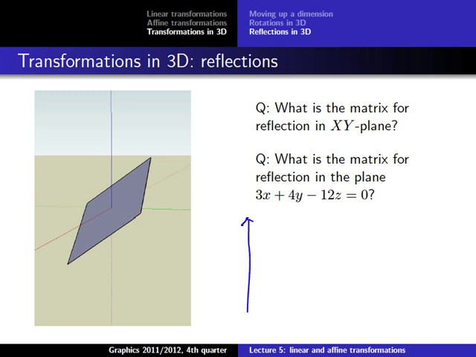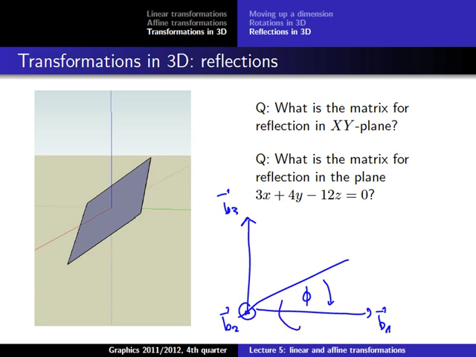In the other case, if again this is our b2, b3, b1, and this is our plane that goes through it, you can rotate that plane by an angle phi, so it intersects with the b1 axis, and then you can rotate it in 3D by another angle so that it also intersects with the b2 axis, and then you can do a reflection with this xy plane, or b1, b2 plane in that case, and then you just have to rotate it back.